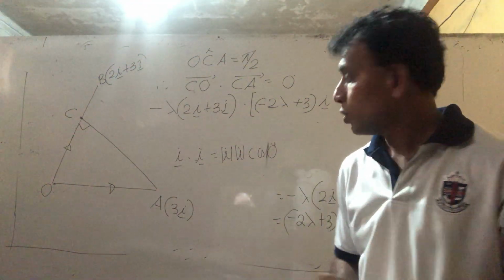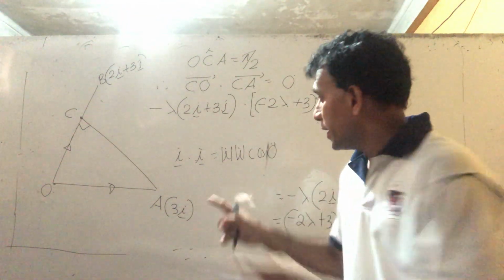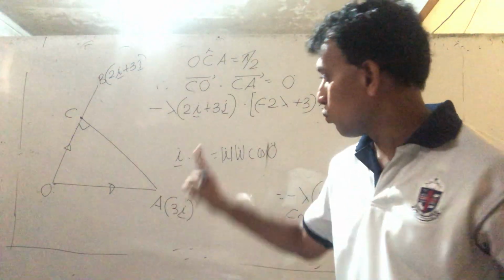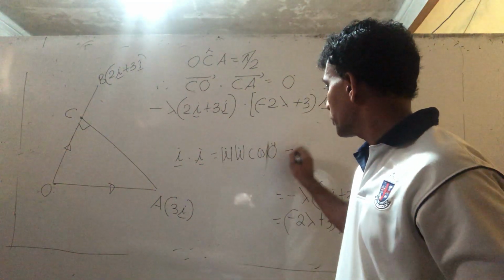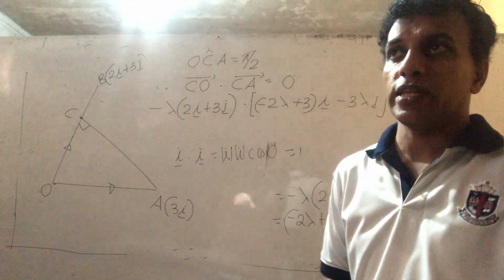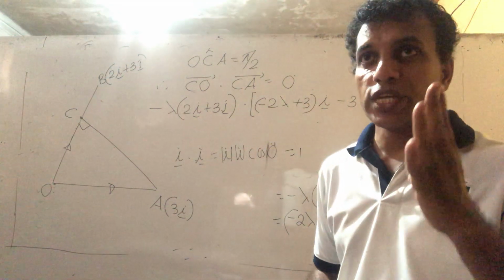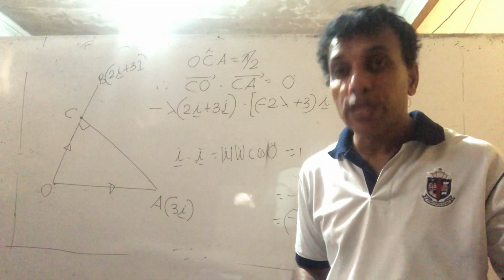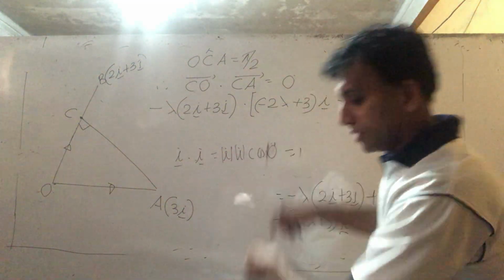Since i is a unit vector, its modulus is 1. So 1 into 1 into cos 0 is 1, therefore i dot i is 1. In vector problems, i dot i is 1, j dot j is 1, and k dot k is 1.